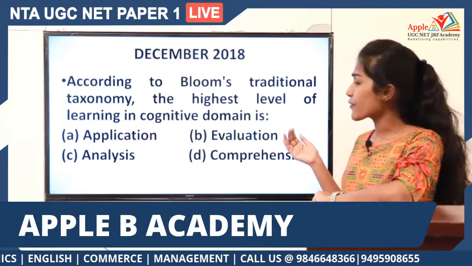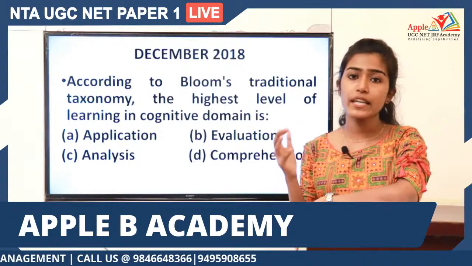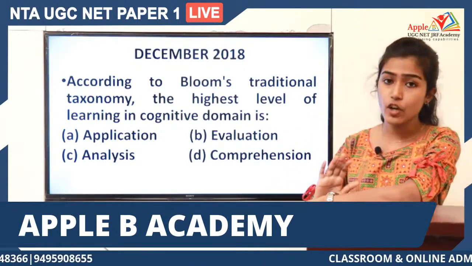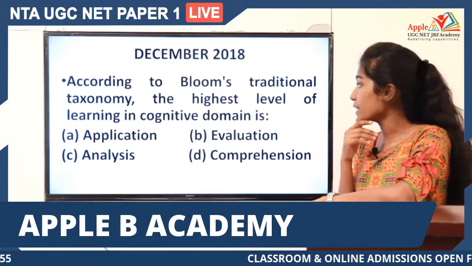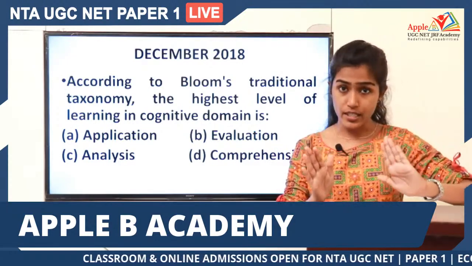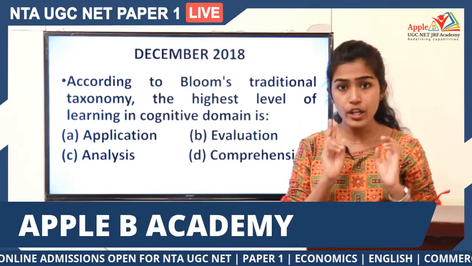So these are very direct questions. If you know what Bloom's taxonomy is and what the levels of learning associated with the cognitive domain are, then you can easily answer these types of questions. So they will be direct questions. If you learn that, you can easily answer these questions and you can score 2 marks.